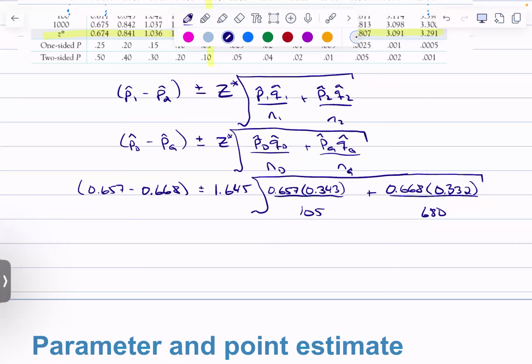Slow and steady wins the race here in this calculation. And if you have a store function on your calculator, now's the time to leverage it. So what I do is I calculate one component, and then I calculate another component, and then I add them all up. And then I take the square root, and then I multiply by 1.645, right?